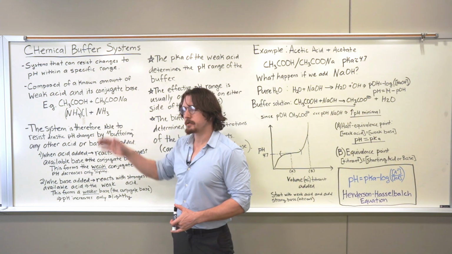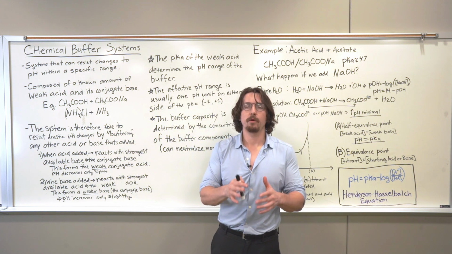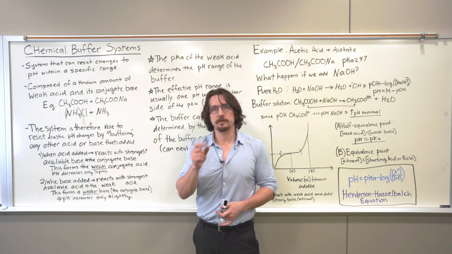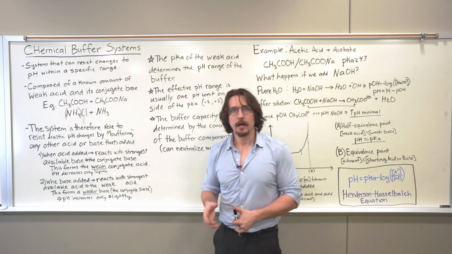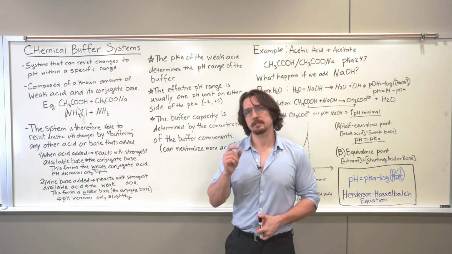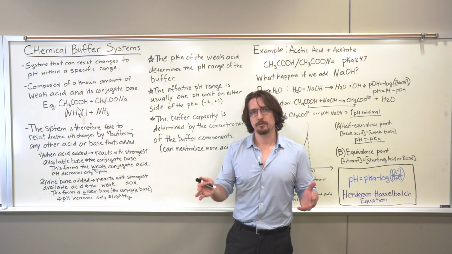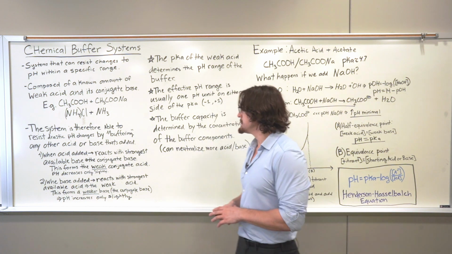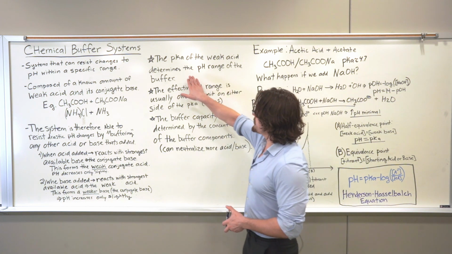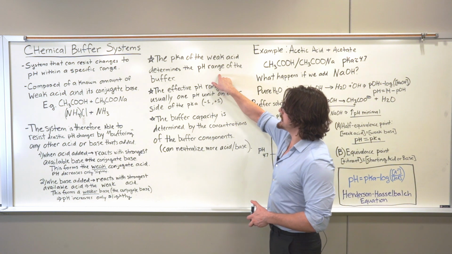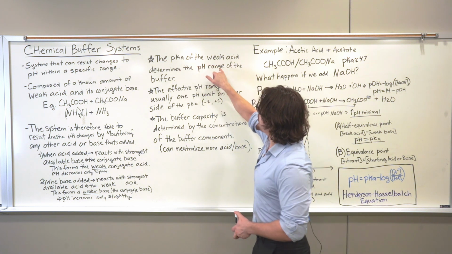Then that weak conjugate base will react with water, but again, it will only react weakly. So you're only going to produce a little bit of hydroxide, relatively speaking, and the pH increase is only going to be slight, much more minimal than if you had just added the strong base to pure water.